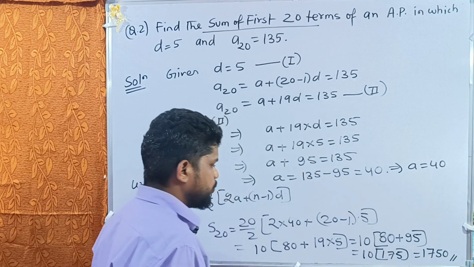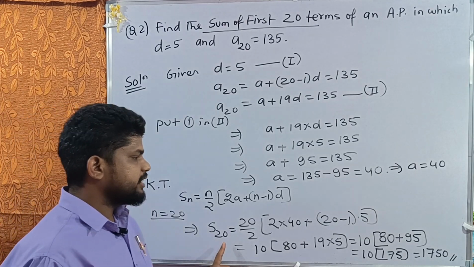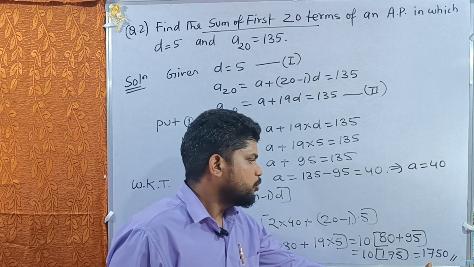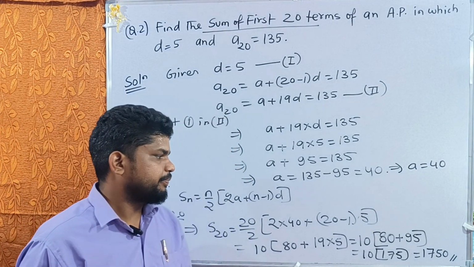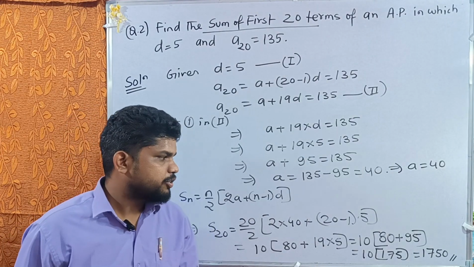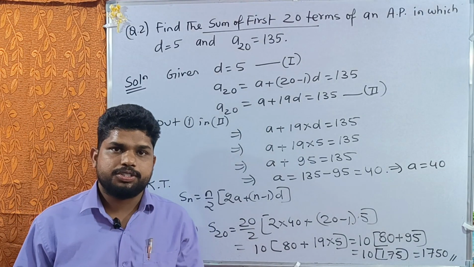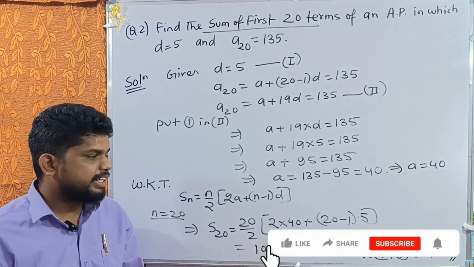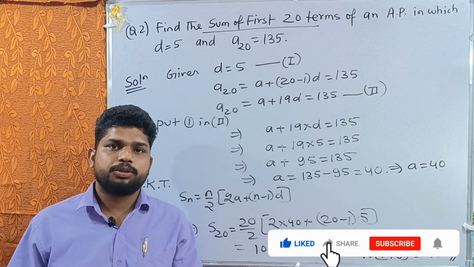So the sum of the first 20 terms is 1750. In this way, dear students, you can solve more questions. Now let us see some more questions to practice.